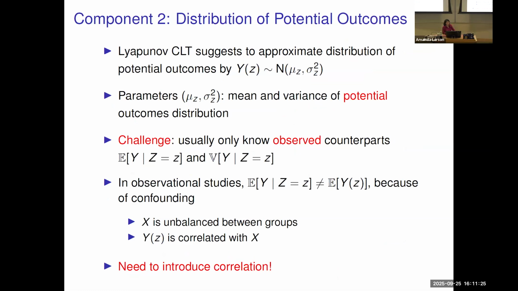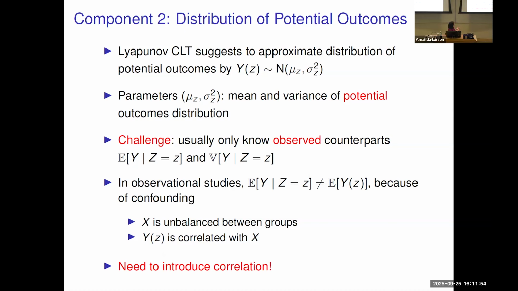And then we still need to define the distribution of the potential outcome. Again, the Lyapunov Central Limit Theorem suggests that we can just approximate the potential outcome by X beta, a normal distribution, but we need the mean and the variance, and even worse, we need them for the potential outcome.